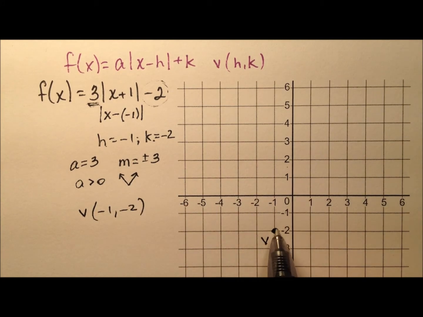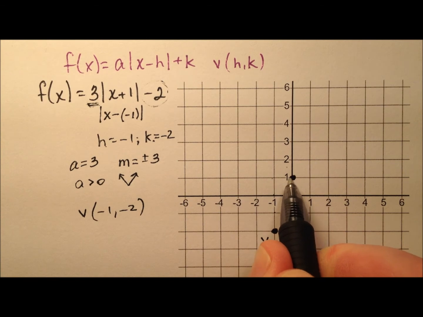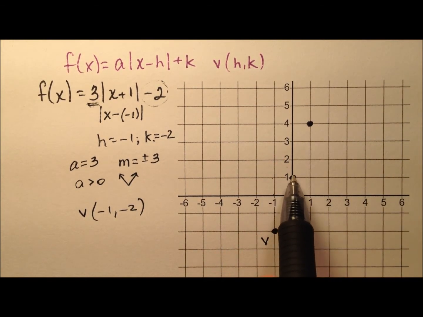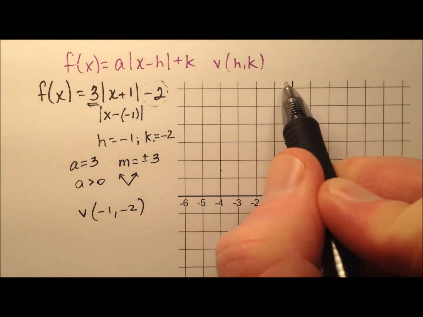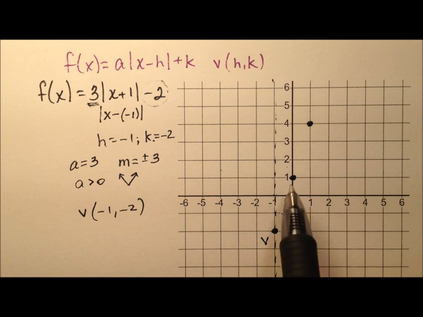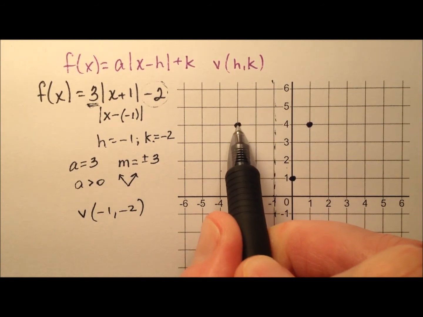So what we have is from here, slope upward, 1, 2, 3, and then over 1, 1, 2, 3, and over 1. And similarly, we can do it across this axis of symmetry, which runs along here. And we can go up 3 and back 1, up 3 and back 1.